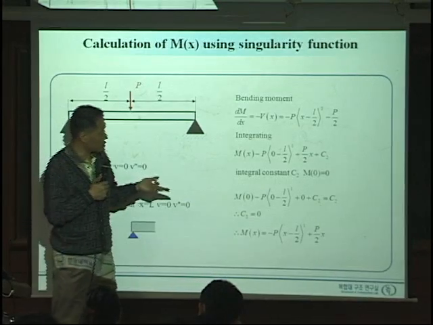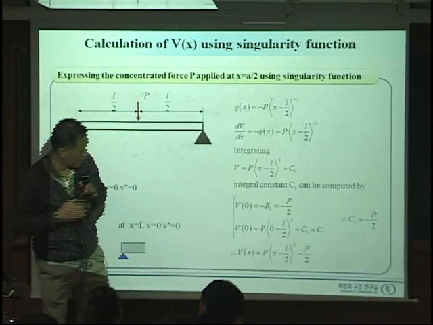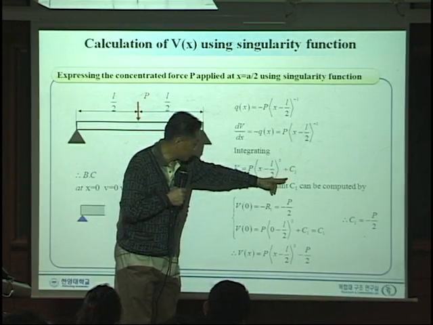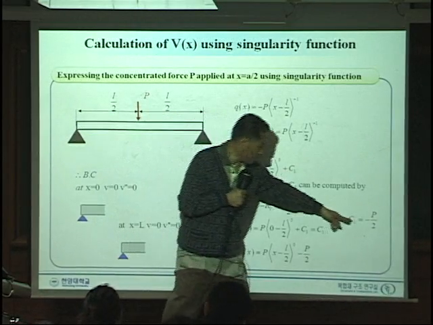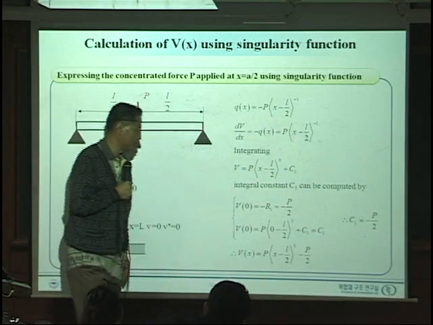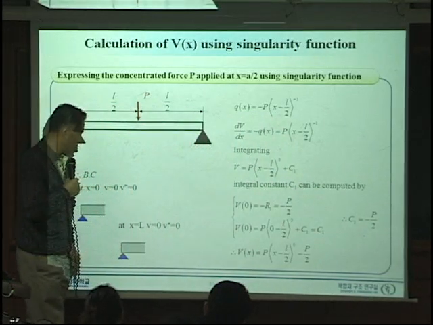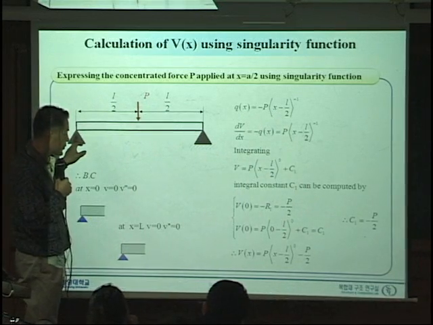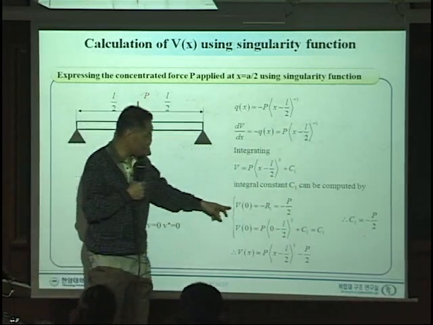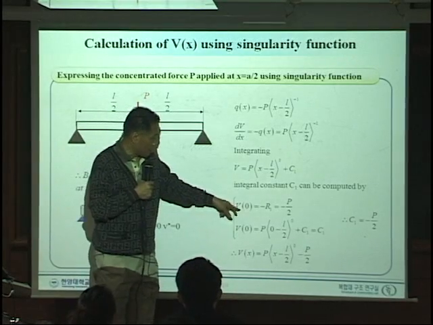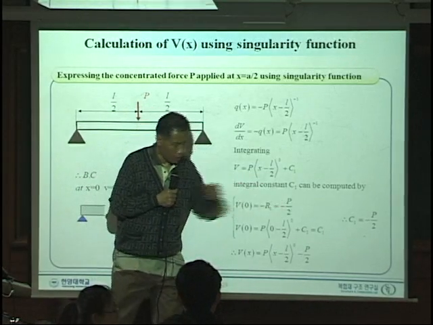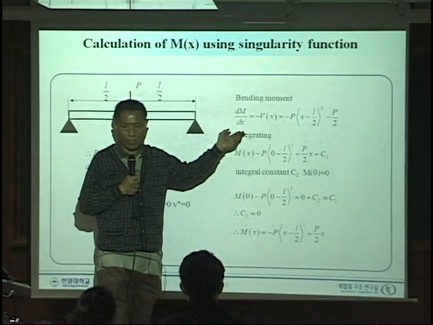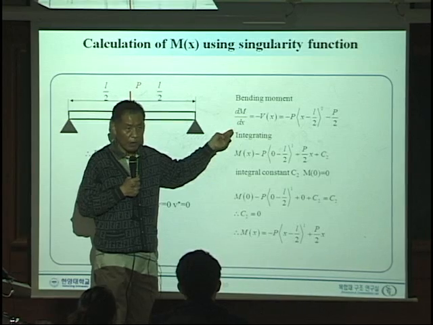And next step, that's why we got V, C1 is simply minus P over 2, using the boundary condition here. From the boundary condition, we can calculate C1. C1 is minus P over 2. Now we have another differential equation to get the moment.